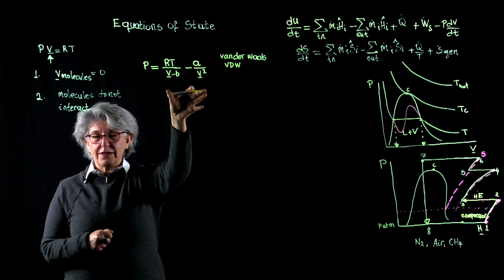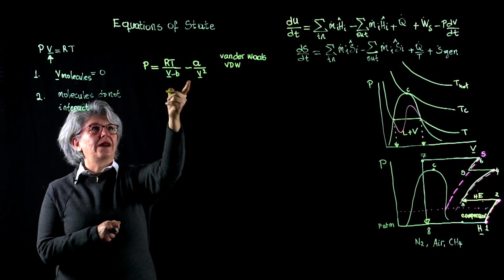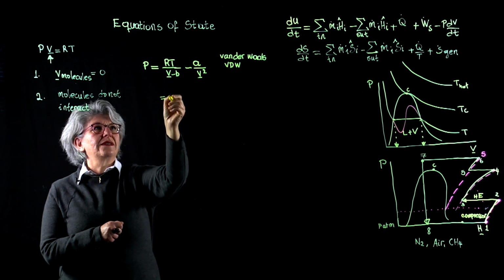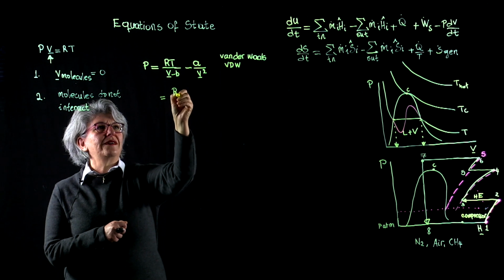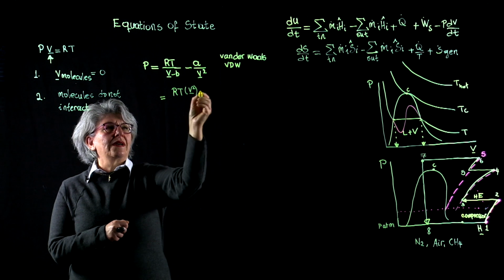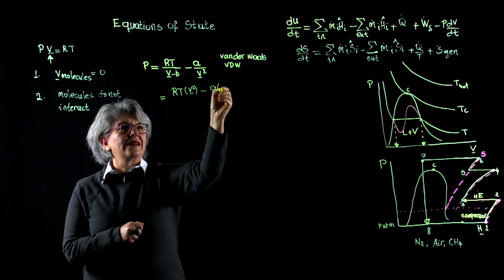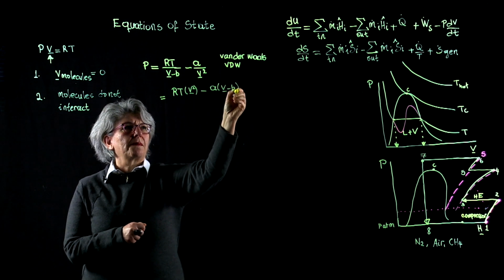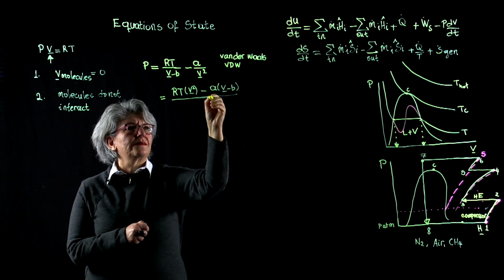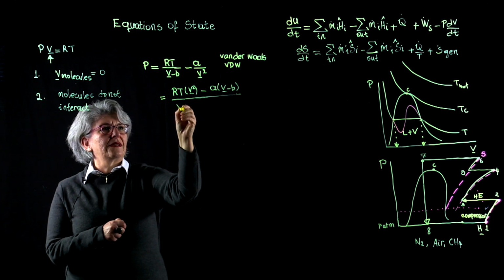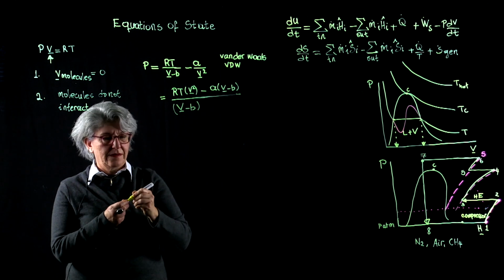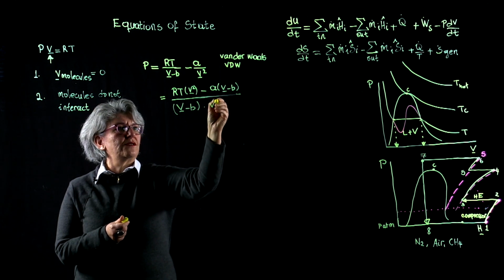Let's see how this equation of state becomes a cubic equation of state. So I'm going to balance the denominators. So I have RT V square minus A (V minus B) divided by (V minus B) times V square.